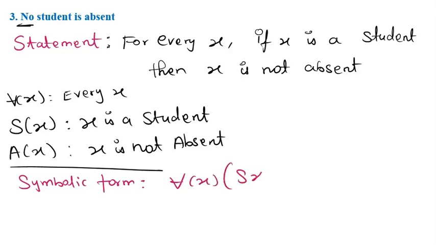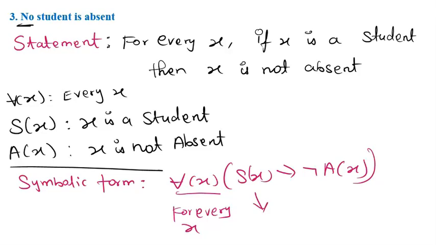For every x, open bracket, S of x, x is a student, implication, the keyword if then is involved, not absent.